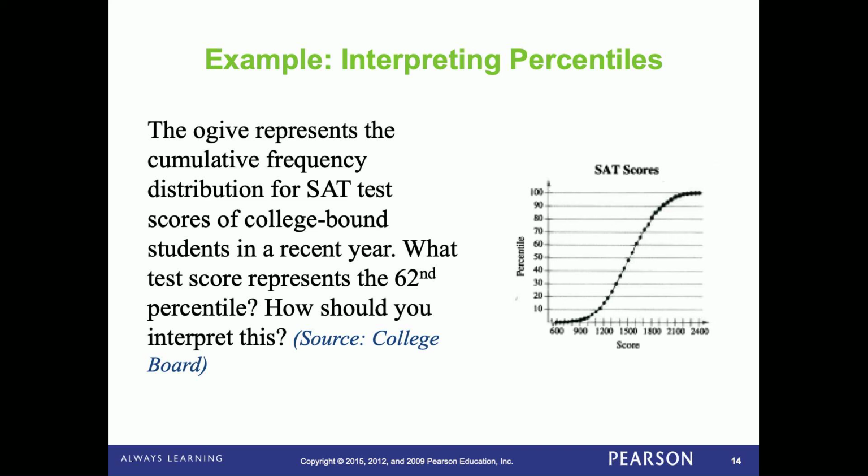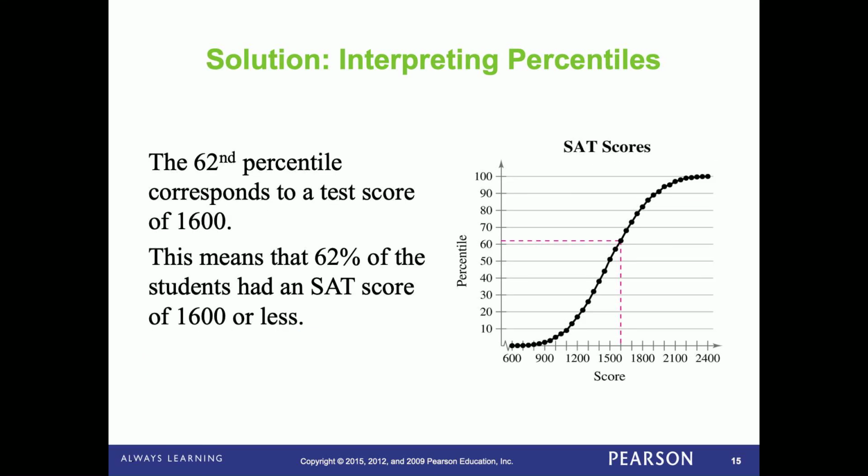So you go up to 62, you go over to the graph, you see where it intersects, then you go straight down to see what the score was. In this case, it's 1600. So that means 62% of all students had an SAT score of 1600 or less.